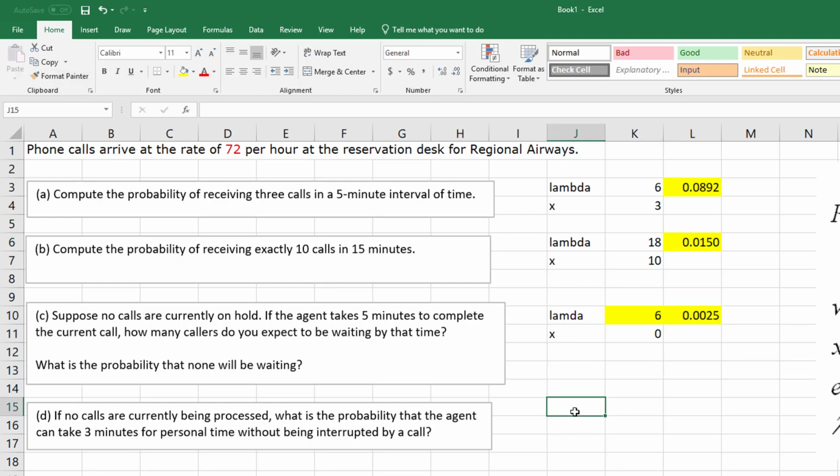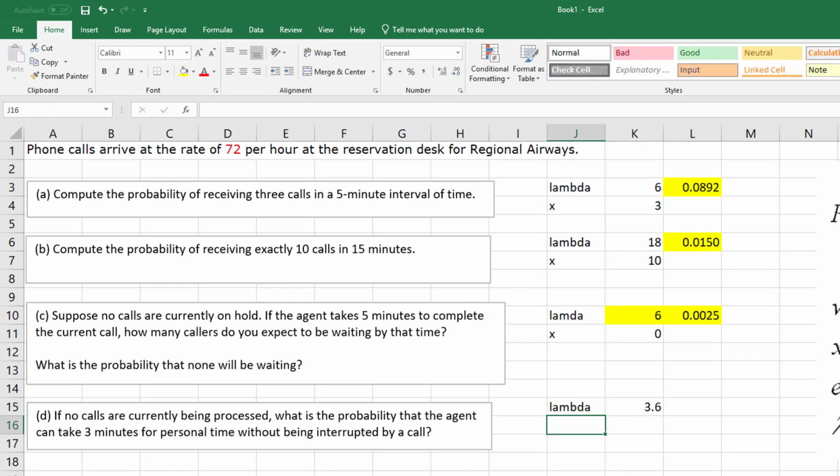All right, the last one. If no calls are currently being processed, what's the probability that the agent can take 3 minutes for personal time? So we need to figure out that 3 minutes related to, I'll be consistent here, what we would expect, our average time. So 72 times 3 over 60.